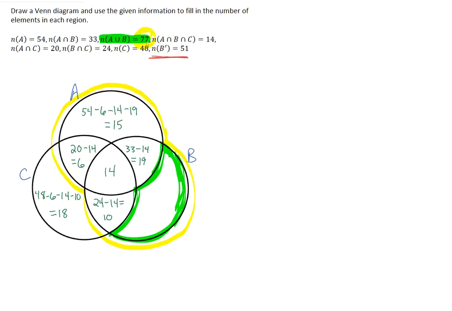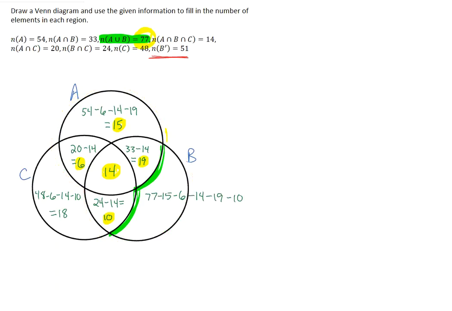In other words, we're going to take the 77 minus the 15 minus the 6 minus the 14 minus the 19 and minus the 10. And when we do the math on that, what we'll get is 13. I had to take my green wall down there because it was going to take up too much space, but basically it's 13 for that region. So that gives us that.